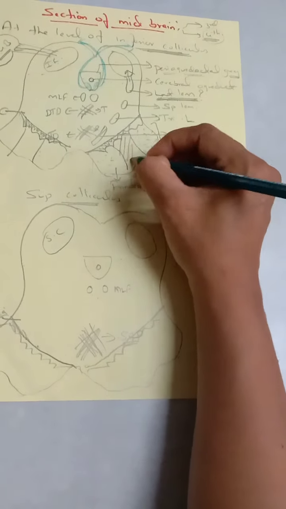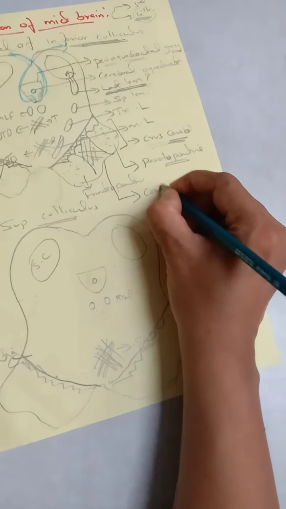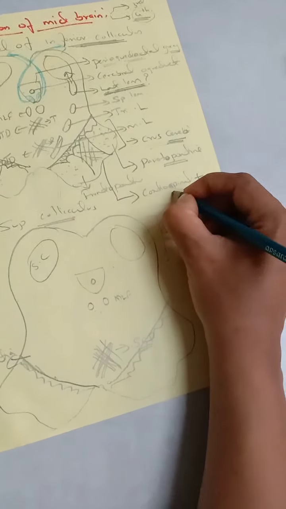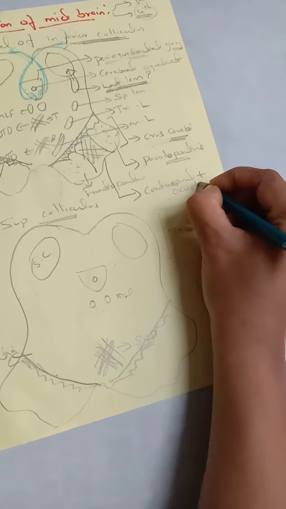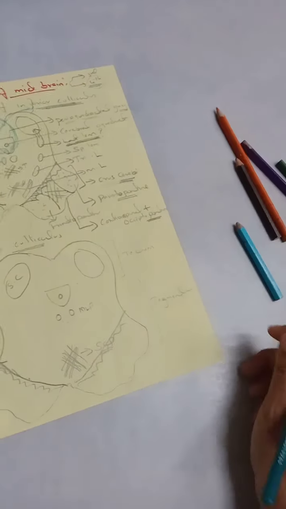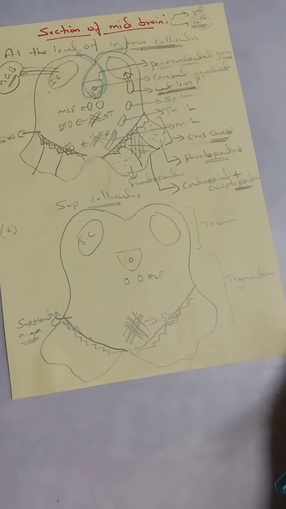Here in the middle we have very important fibers, that is corticospinal plus occipito-pontine.